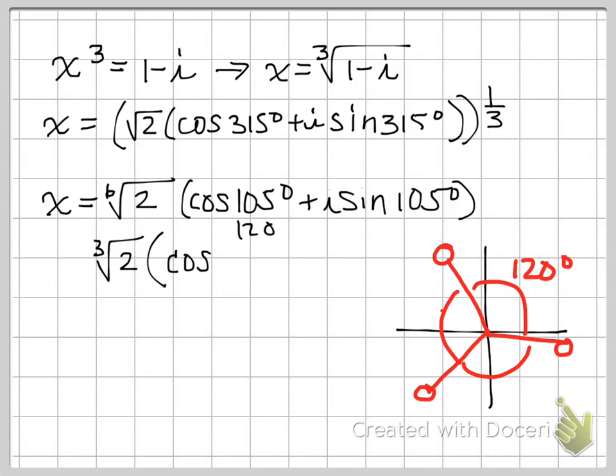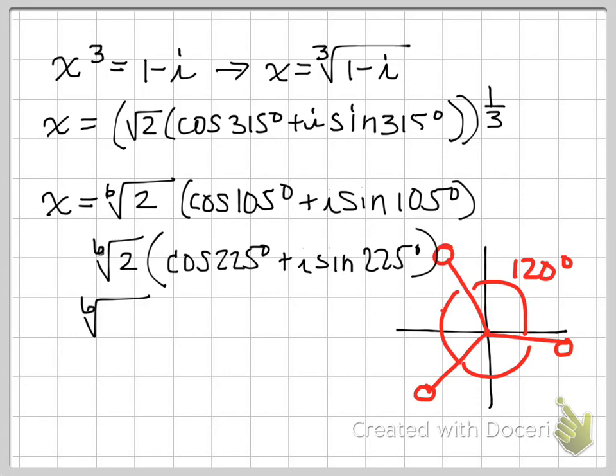So what is that? 225? 225 degrees plus i sine 225 degrees. And this is a 6th root here. This one here should be a 6th root also. So I'll just fix that.